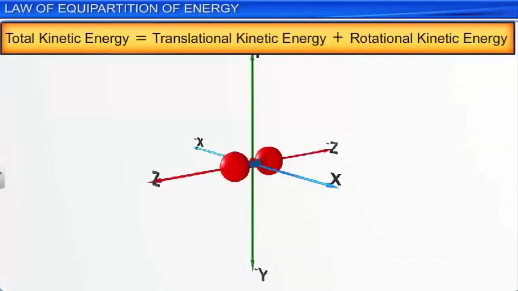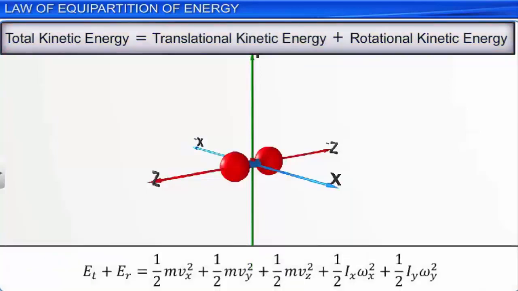The total kinetic energy of a diatomic molecule is the sum of the translational kinetic energy and rotational kinetic energy. Or, the total kinetic energy is ET plus ER, which is equal to half m vx square plus half m vy square plus half m vz square plus half Ix omega x square plus half Iy omega y square.